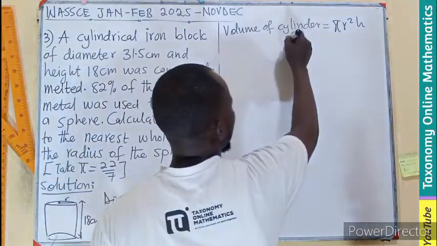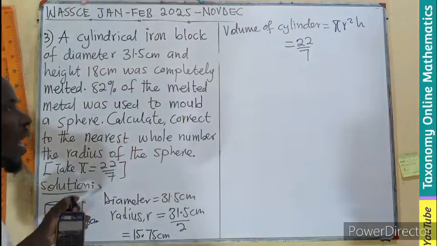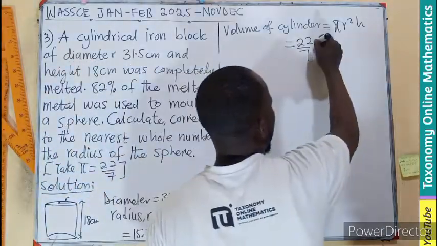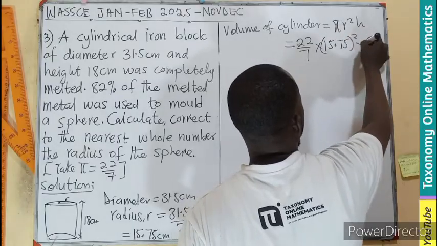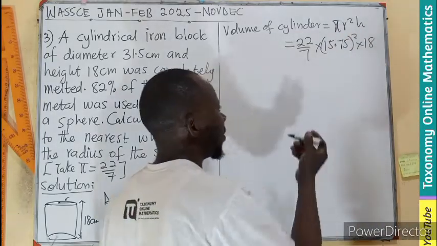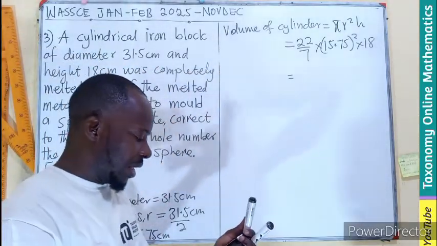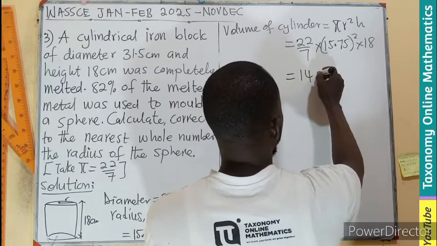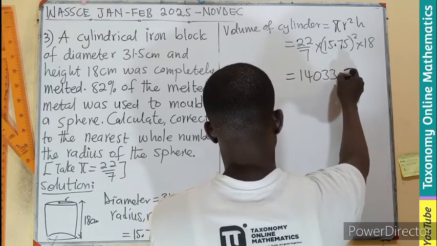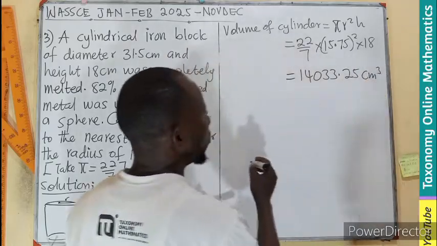We just do substitution: 22 over 7, which has been given as the value of pi, times 15.75 all squared, times 18. We can put all these values in our calculator. You should have the volume to be 14033.25 centimeters cubed.